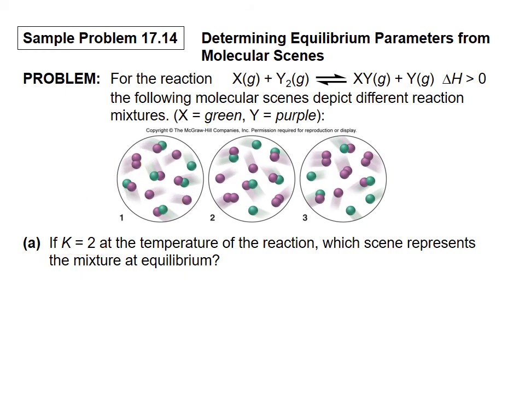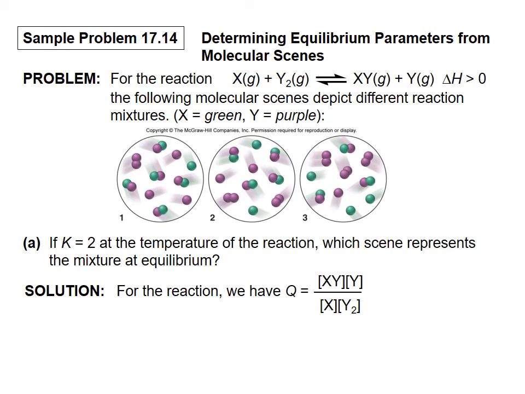To answer question A, first we need to calculate Q. Q is calculated by products divided by reactants. Products are XY times Y, divided by X times Y2. So let's count the numbers of molecules in scene 1. The molecule X is green. So here is 1, that's all. So you have 1 X, and Y2 is purple. So this is Y2, and that's the only one. So you have 1 Y2.